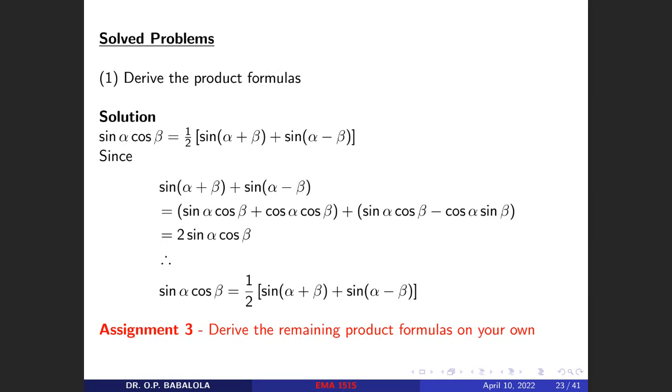You're going to use the same method that I will be using here to derive the first formula, sine alpha cos beta. Look at the right-hand side. We say sine alpha cos beta is half into brackets sine alpha plus beta plus sine alpha minus beta. Sine alpha plus beta, using the product rule is what? Did I say product rule? No, not product rule.